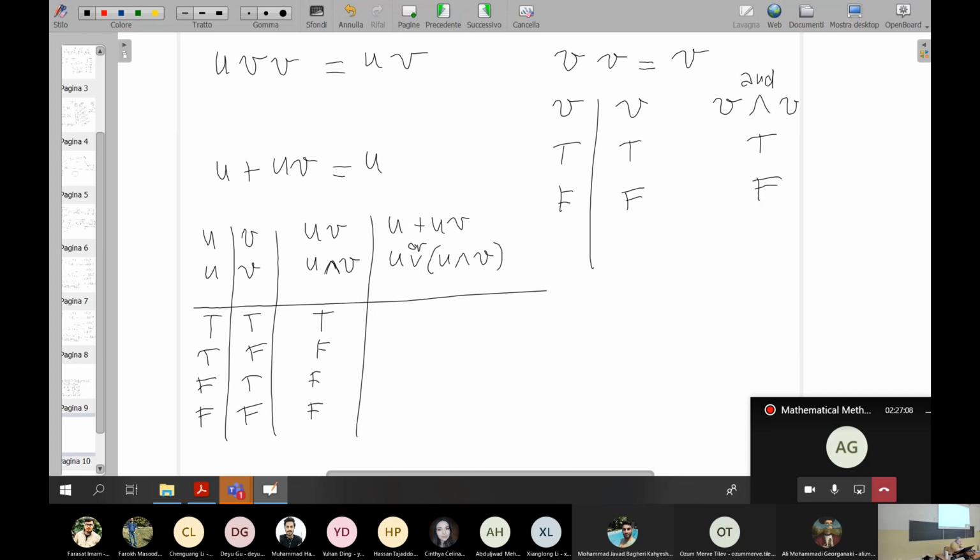And here you have U or U and V, and this is true if at least one of the two is true. So we check: true and true, it is true. True and false, it is true. False and false, it is false. False and false, it is false. And so you see that the truth table of this is exactly as the truth table of U.